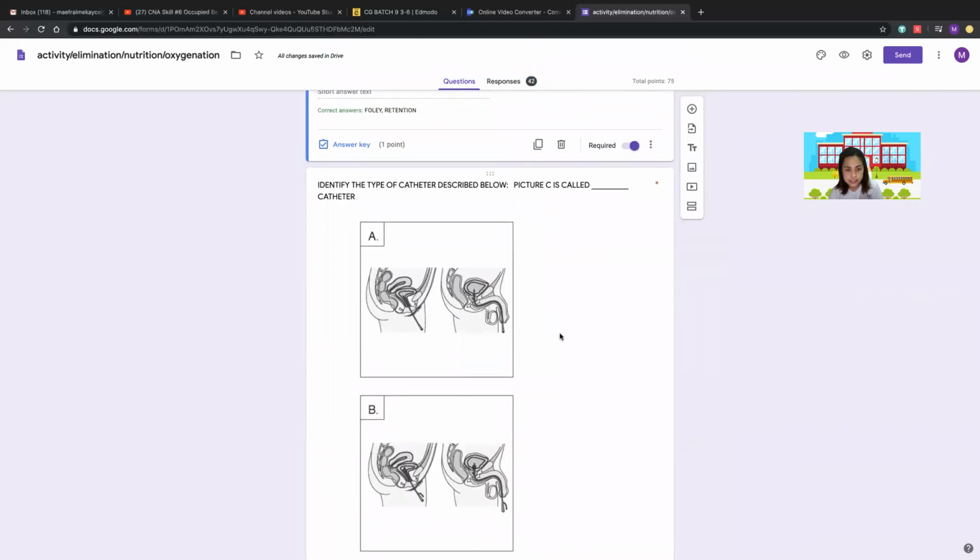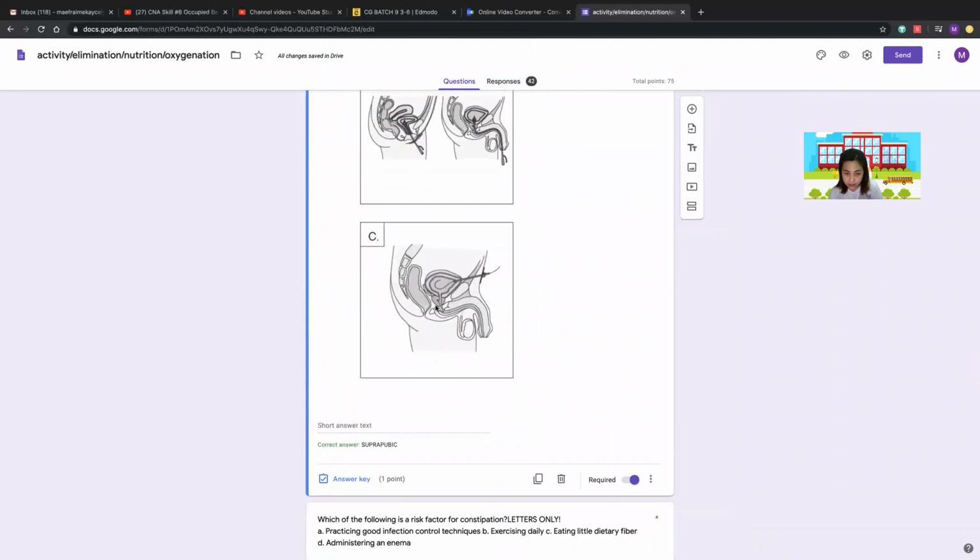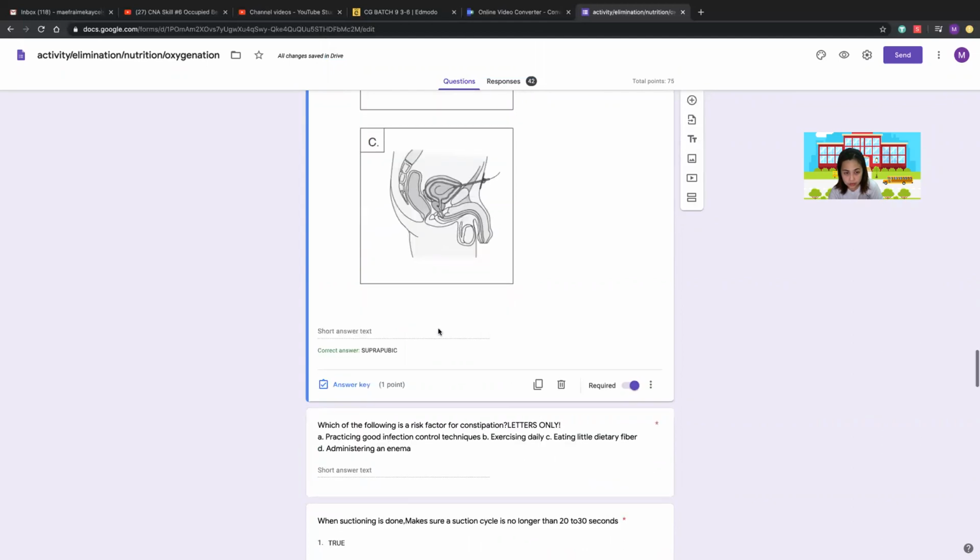Next, picture C. The catheter is open on the suprapubic area, just below the abdomen. So the answer is suprapubic.